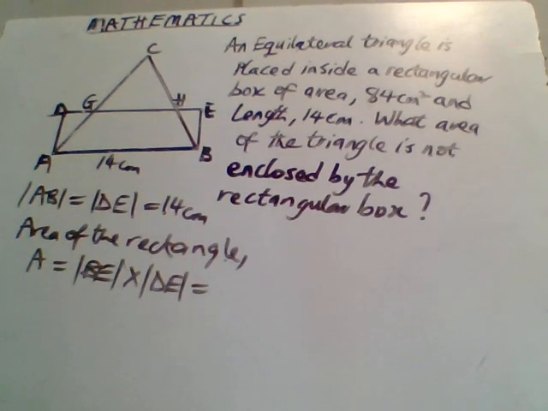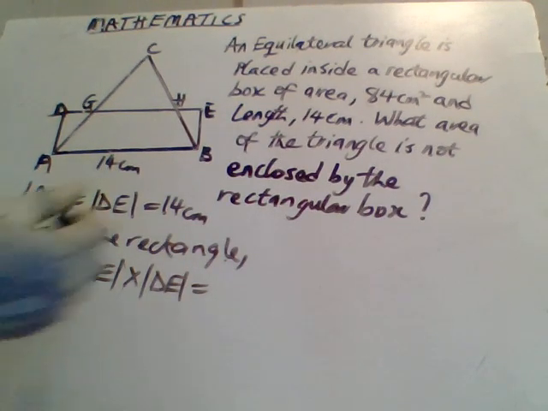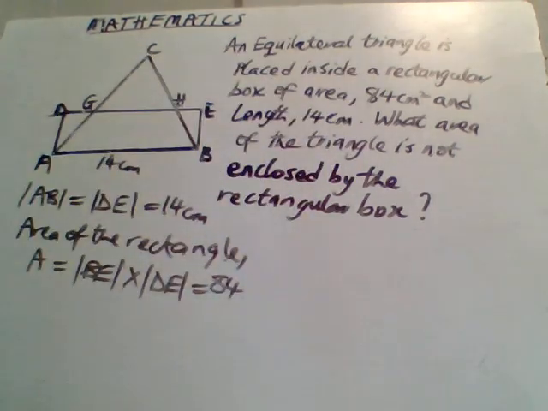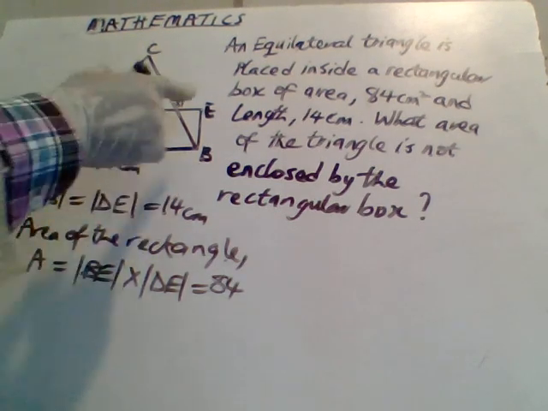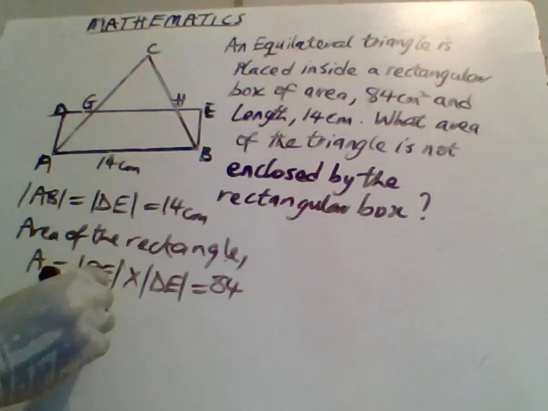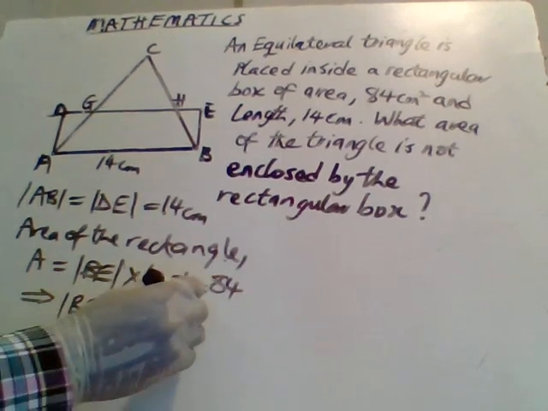And we are told that the area of the rectangle is 84. So it's given 84. And then the length, AB is equal to DE, is given to be 14. So in this case, we have BE times 14 is equal to 84.